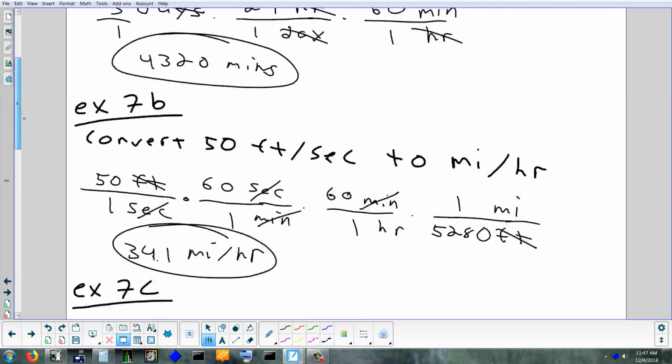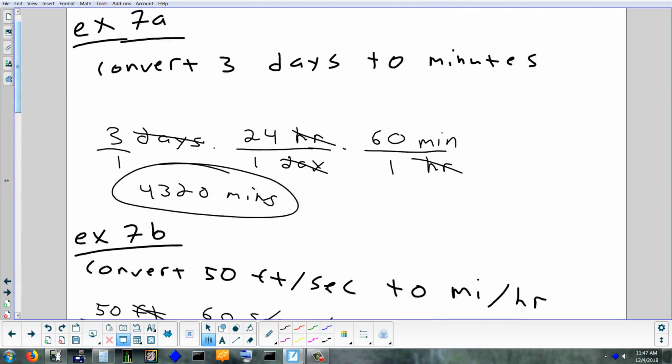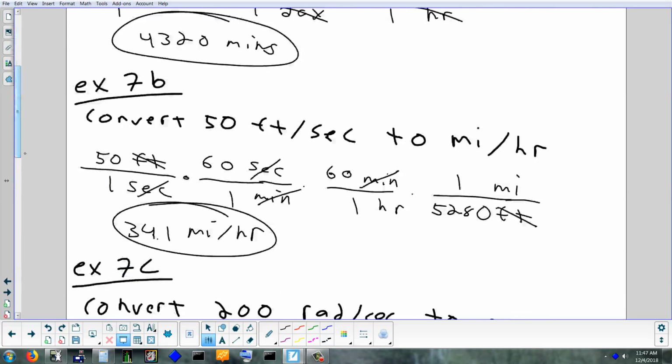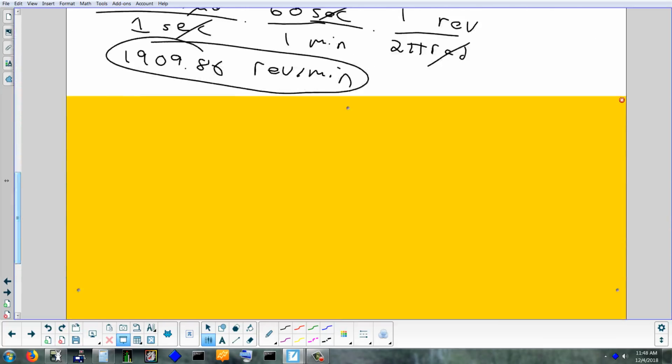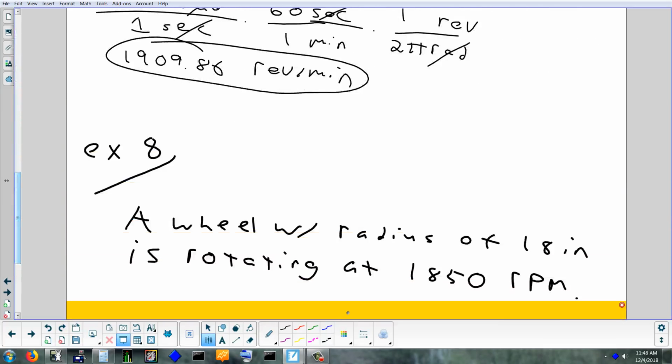All right. So we started off with a basic one, just converting a single unit. That's a linear speed to a linear speed. That's an angular speed to an angular speed. Now what we're going to do is convert from angular to linear.